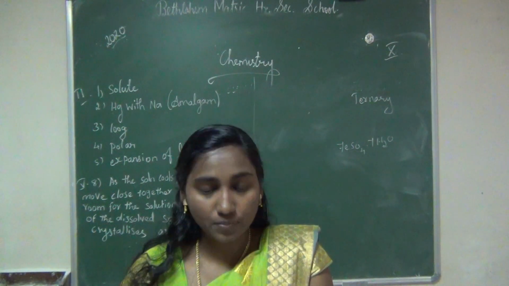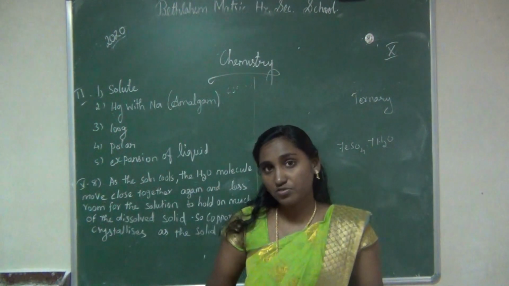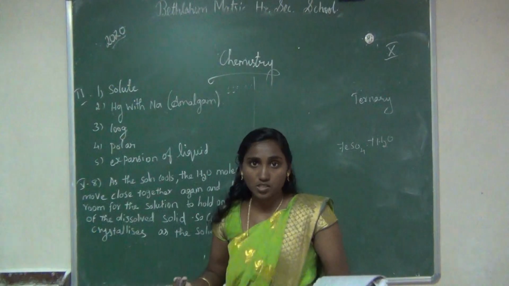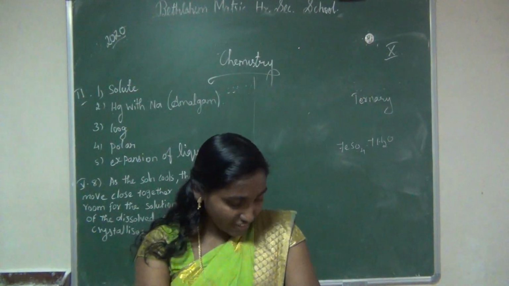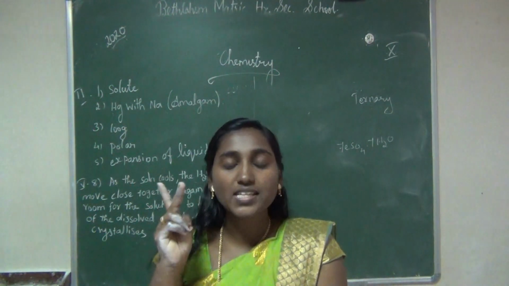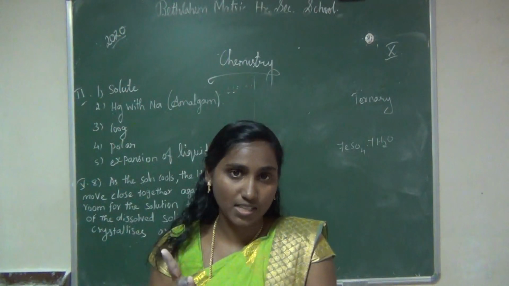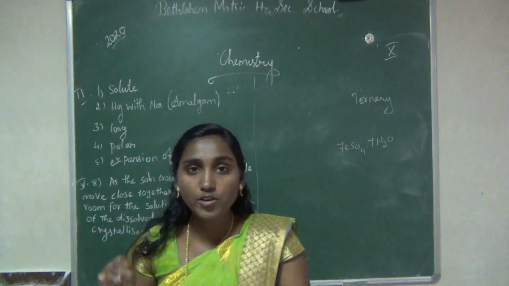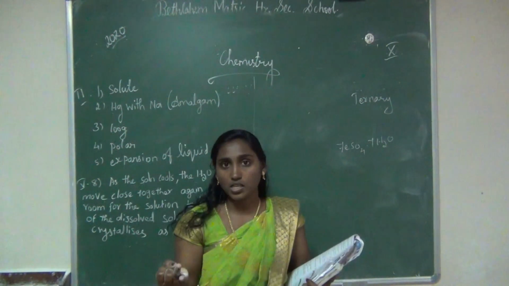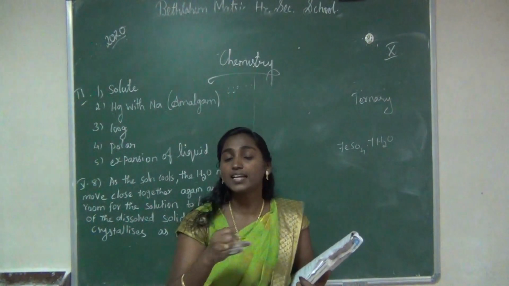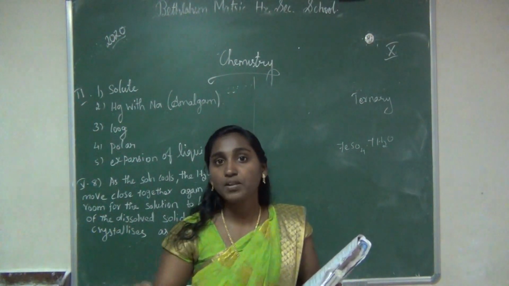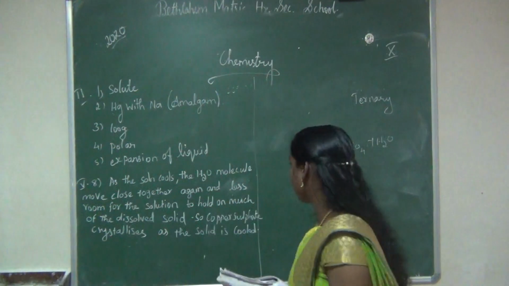We already studied some examples for hygroscopic and deliquescent substances. From there we can identify two hygroscopic substances: concentrated sulfuric acid and silica gel. Concentrated sulfuric acid and silica gel are the examples for hygroscopic substances.